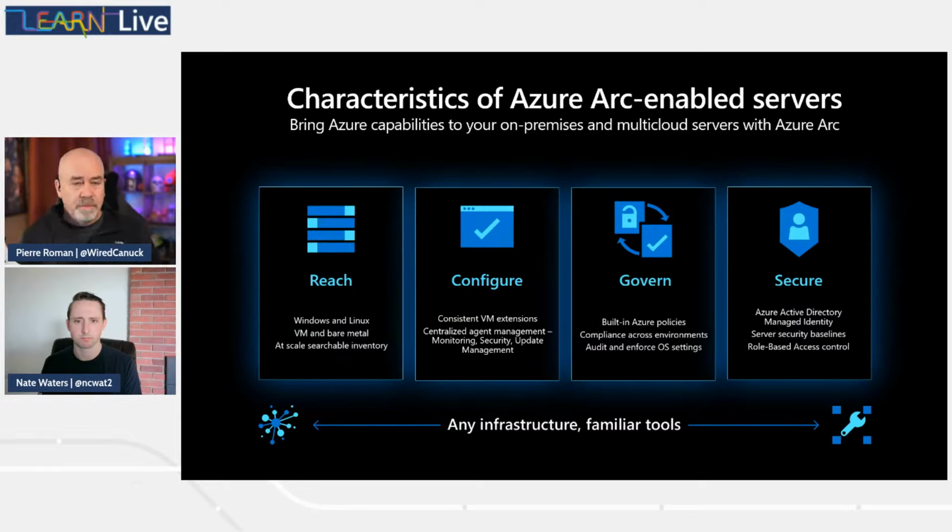And of course, because of our focus on security, Azure Arc enables, through Log Analytics and through collecting data from your machines, applying security: Azure Active Directory management, identity, server security baseline, role-based access control.